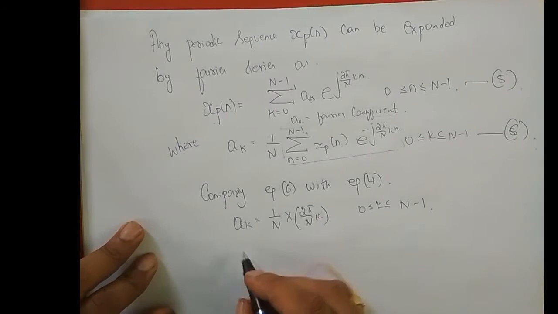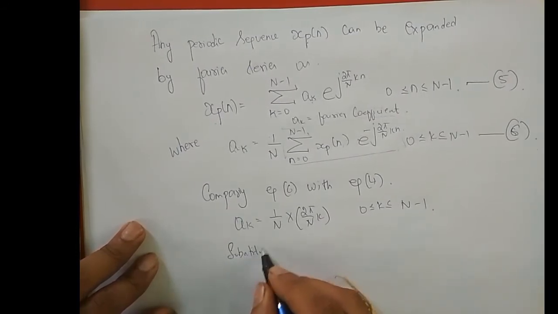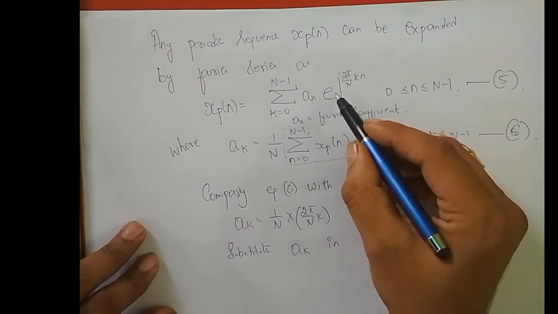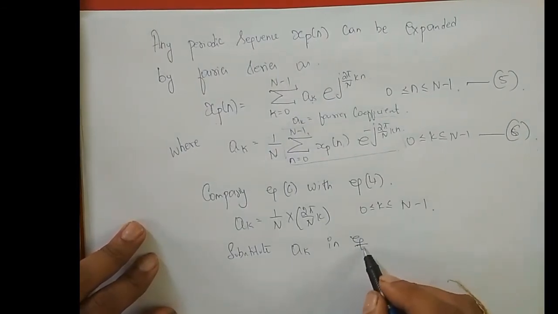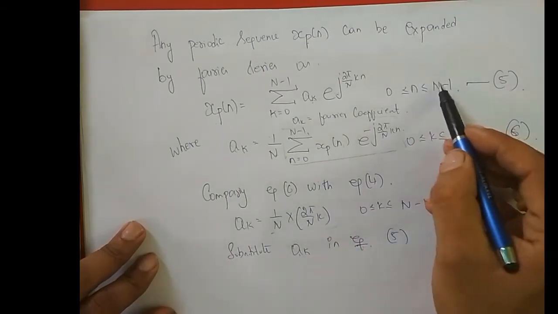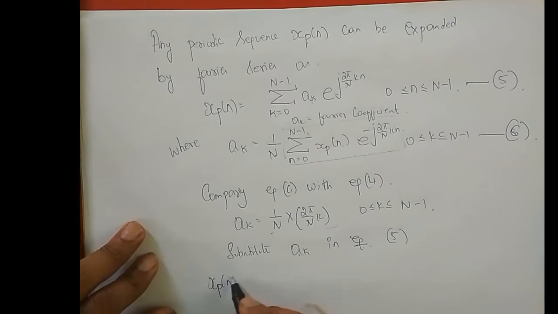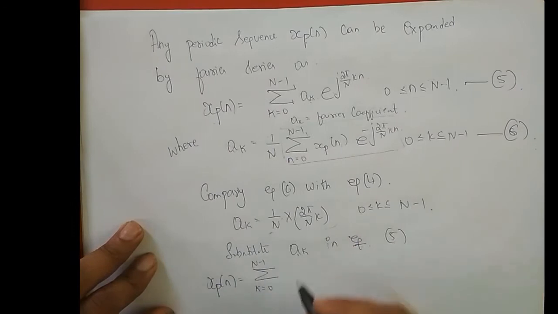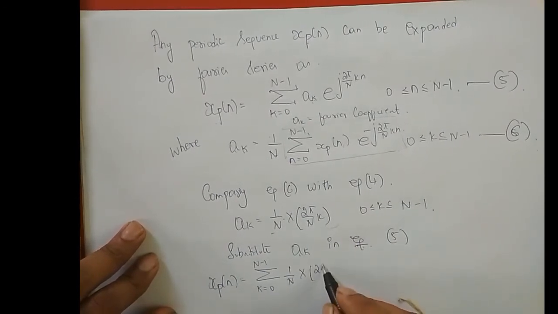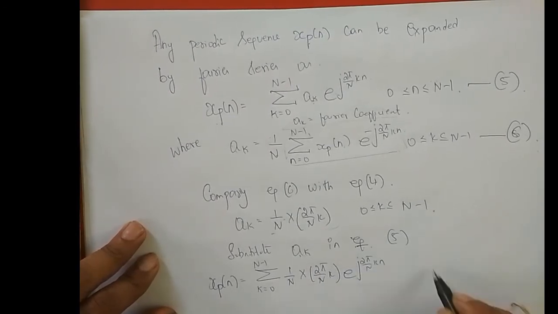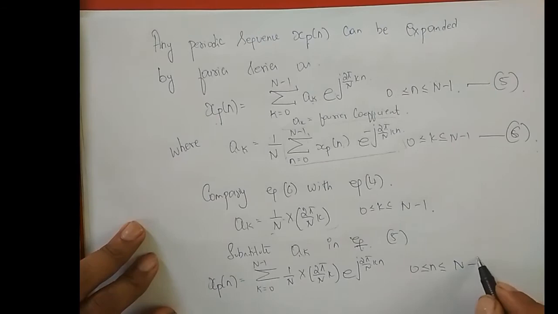Now what I'll do is substitute this a k value in equation 5. I'm going to substitute the right hand side of a k in equation 5. So what do I get? x p of n is equal to summation k varying from 0 to N minus 1, and what is a k? 1 by N into X of 2 pi by N into k e power j 2 pi by N into kn, and n is varying from 0 to N minus 1.